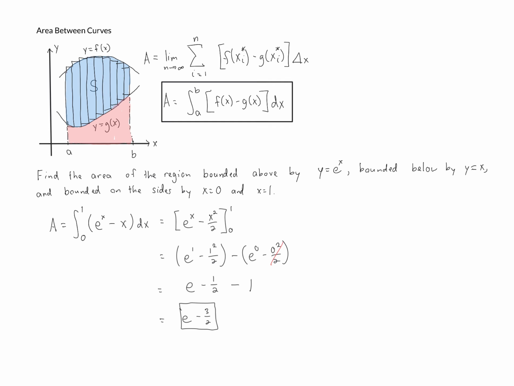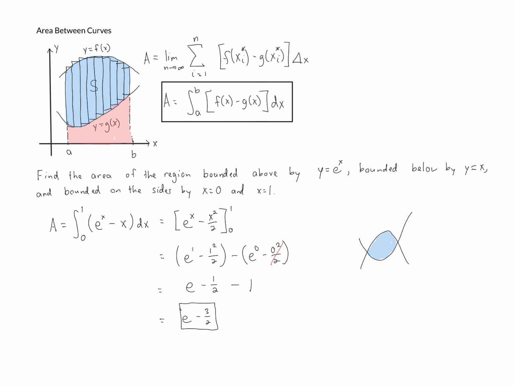Now, this is really the simplest version of an area between curves problem, because we were told which function was on the top and which function was on the bottom, and we were given the endpoints. But there are going to be some examples where we're just asked, find the area between two curves, and you actually have to think about what the graphs might look like so that you can figure out what region is between those curves.